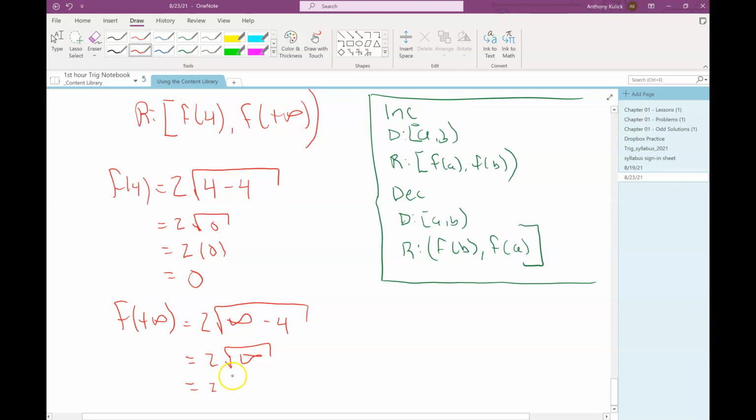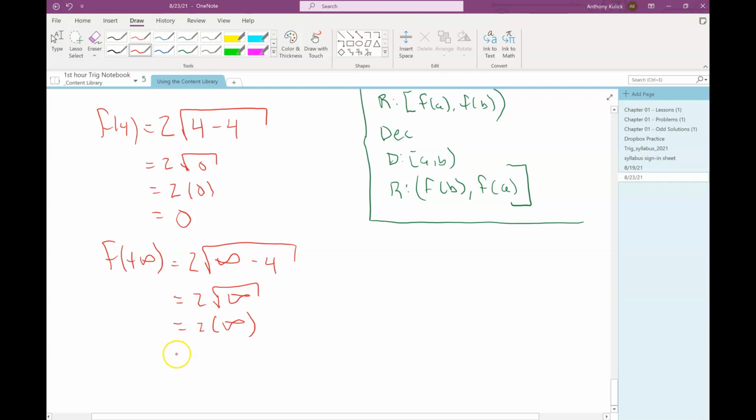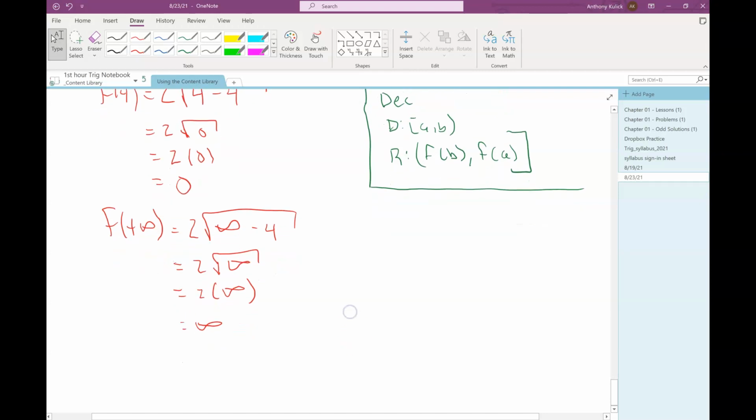What am I going to have? Still infinity, right? Taking the square root makes the number a little bit smaller, but if the number is infinitely large, if it makes it just a little bit smaller, it's still going to be infinitely large. And if I do 2 times infinity, that's still going to be infinity. So my range here is just going to be 0 to positive infinity.